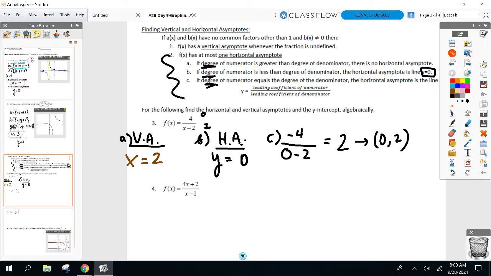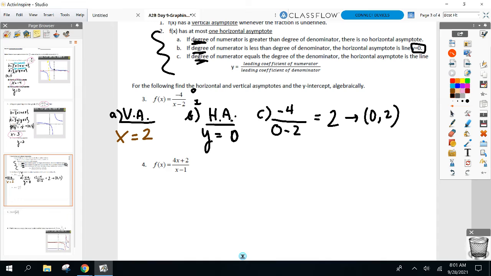All right, ready? We got 2 more here, and now I'm going to start calling on people. Okay, next one, 4x plus 2 over x minus 1, without using a calculator or your Chromebook. Vertical asymptote. Where would this be undefined?